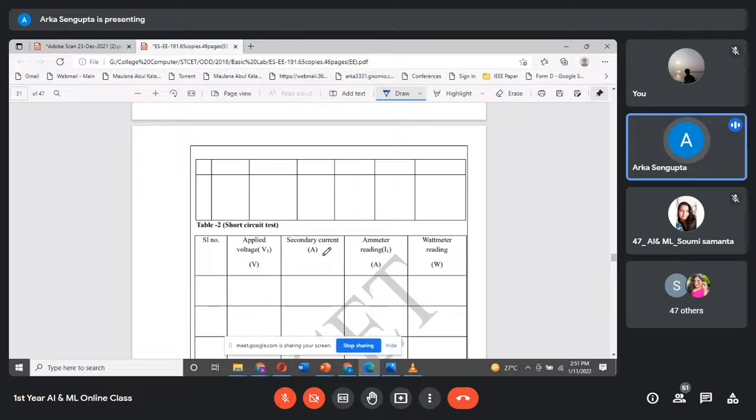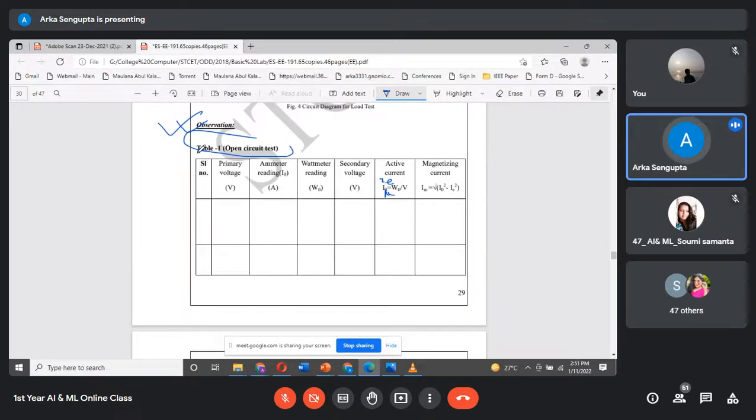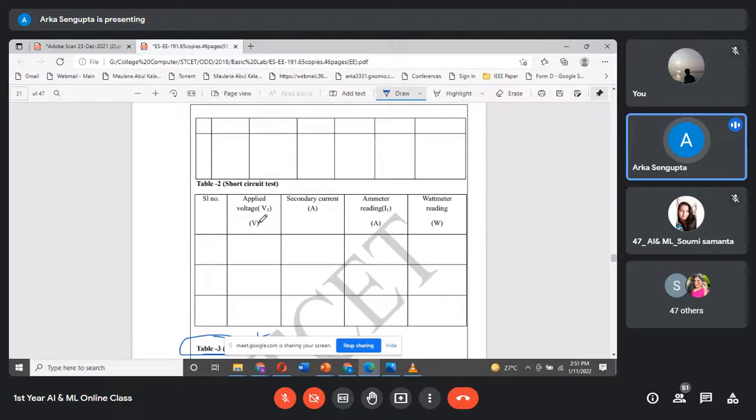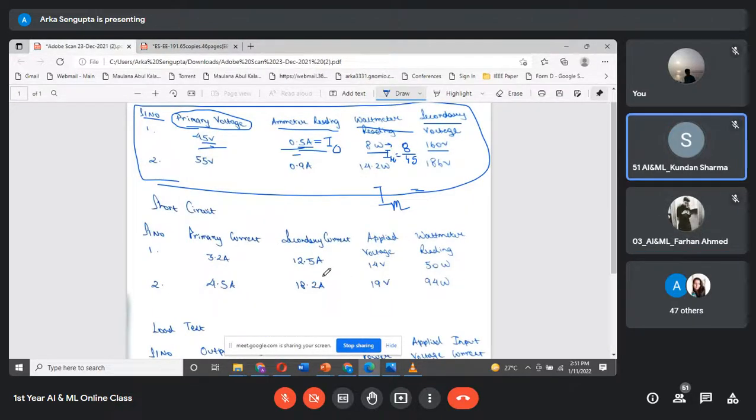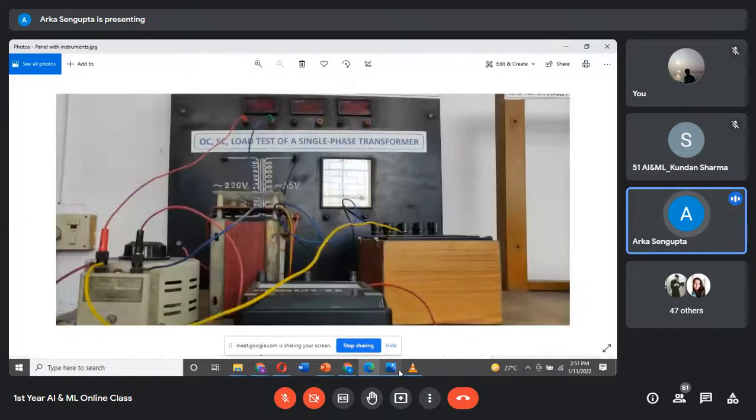There is a calculation part in the load test. Similarly, there would be a calculation part for the open circuit test also. In the calculation part, for the 2 readings, you will show how you have found out the active current and the magnetizing current for both readings. Understood? Yes, sir. Okay.